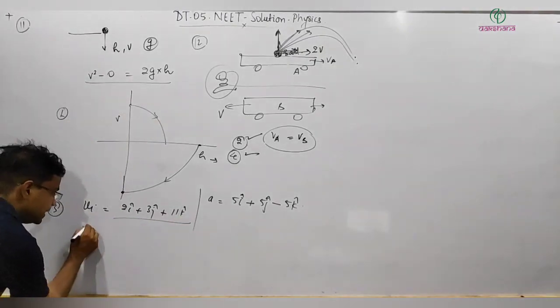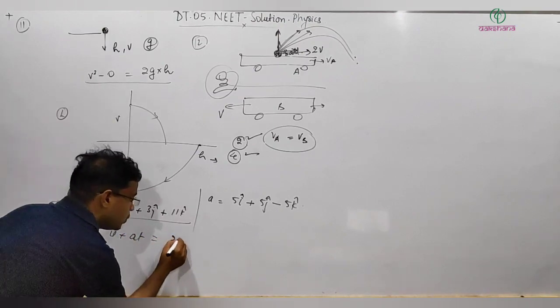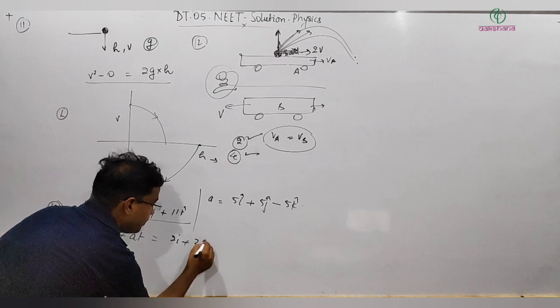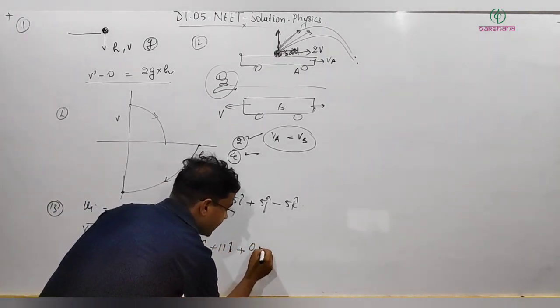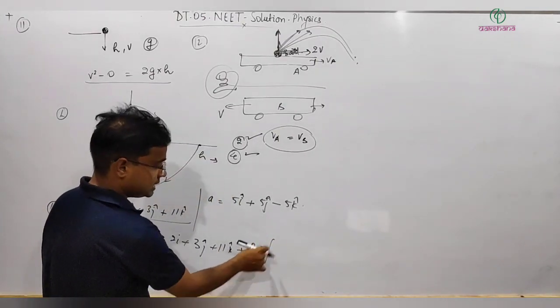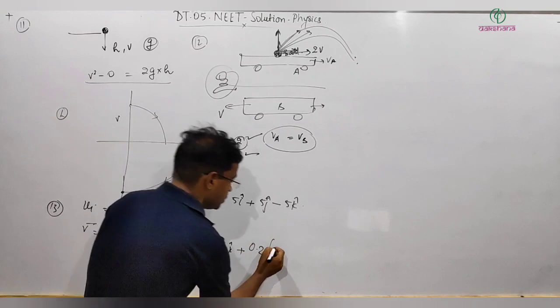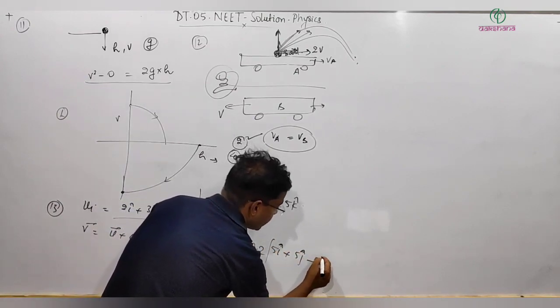So that is simple. V is equal to u plus at, right? V bar is equal to 2i cap plus 3j cap plus 11k cap plus 0.5 into, time is taken as 0.2 second, multiplied by a, which is 5i cap, 5j cap, minus 5k cap.